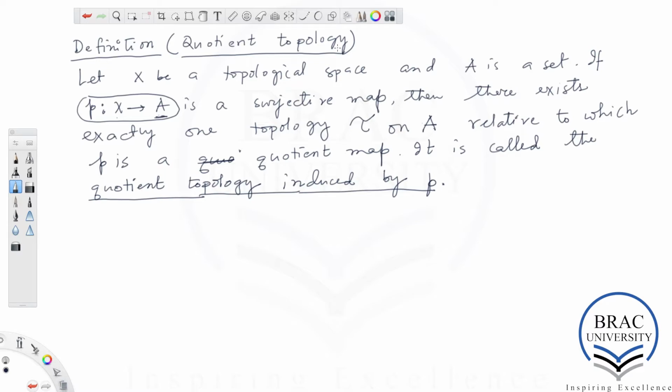Now we define quotient space. This is something that we already encountered in the point set topology review notes, right?